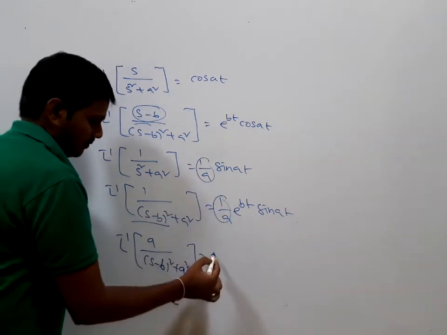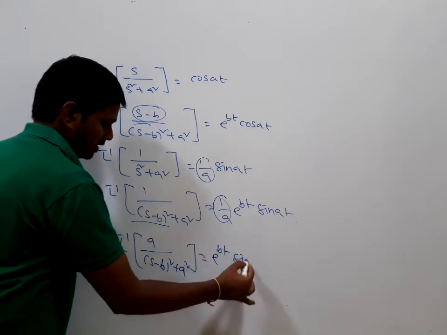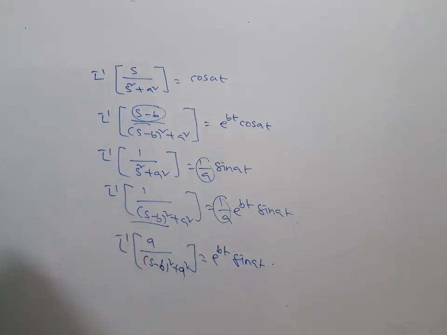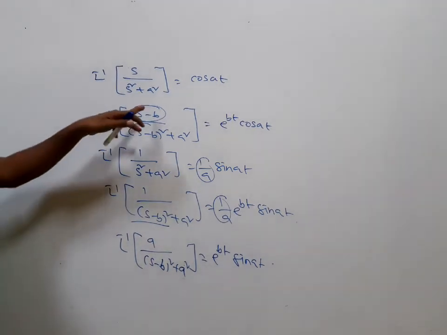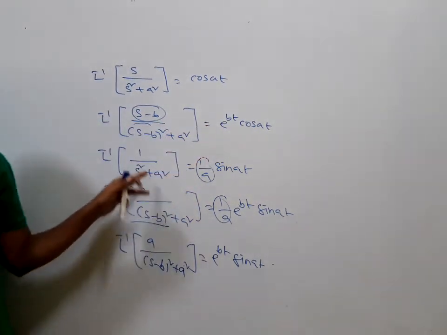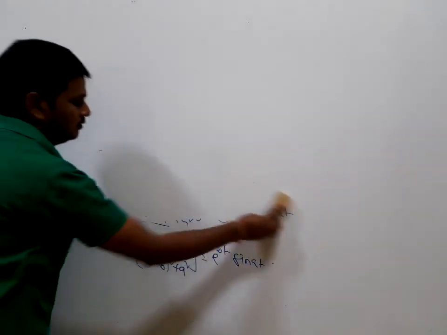So here it is e to the power of bt sin at, same. By using the first shifting theorem, the term s is replaced with s minus b, and we get e to the power of bt. In the same way we can write all the formulas, from the start to now, coming to the problem.